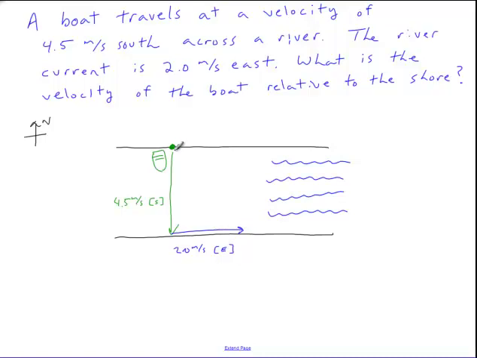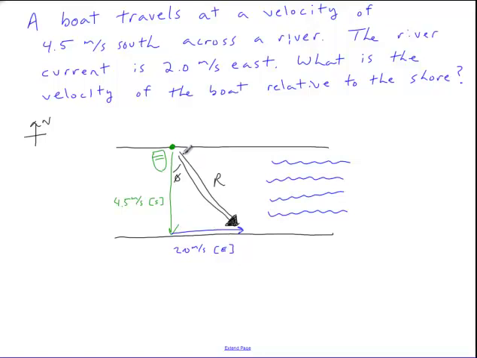So we can draw, it starts here, it ends here, we can draw in our resultant velocity vector. Okay? This is our resultant. And this right here is the angle that the boat travels relative to the shore.